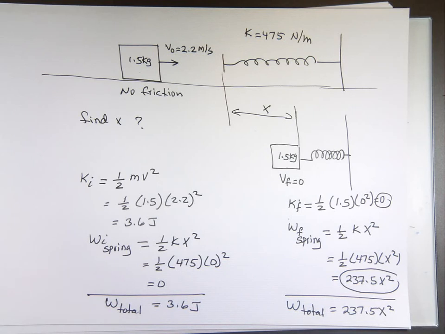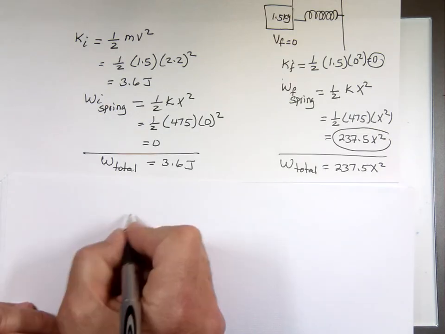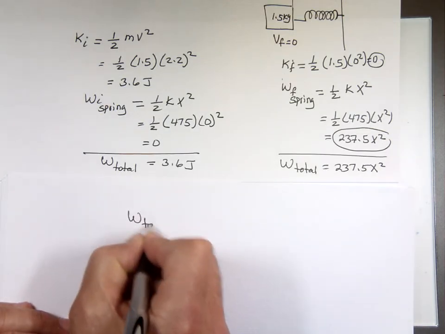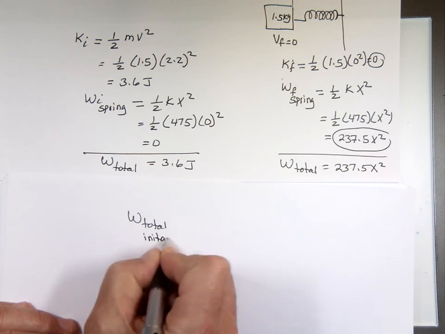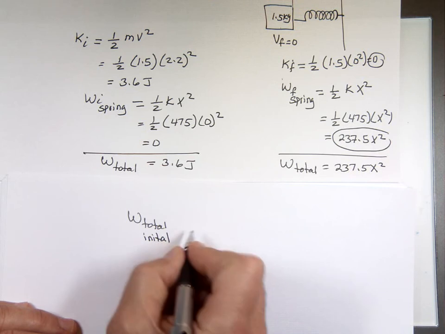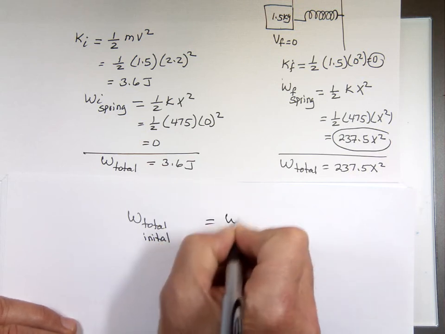It's called conservation of energy. If you have no friction, you're always going to have conservation of energy. So the initial energy should equal the total final energy.